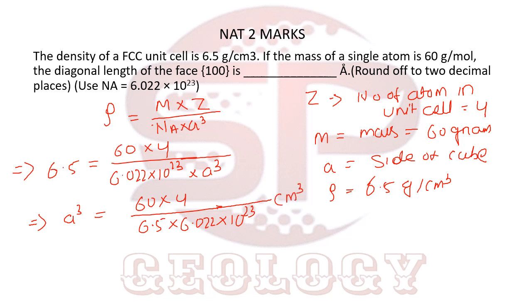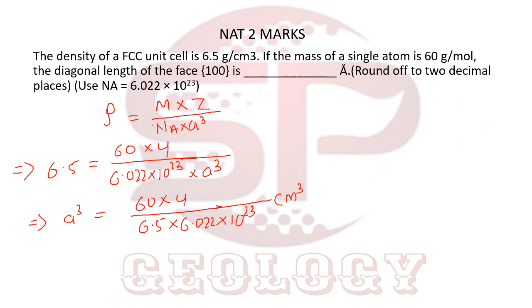Here the answer is asked in angstrom, so we have to convert this centimeter cube into angstrom cube. 1 centimeter is equal to 10 to the power 8 angstrom. If you convert to centimeter cube, 1 centimeter cube will be equal to 10 to the power 24 angstrom cube.